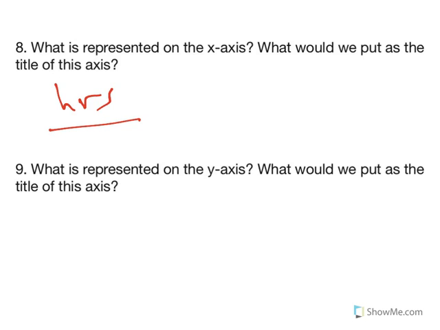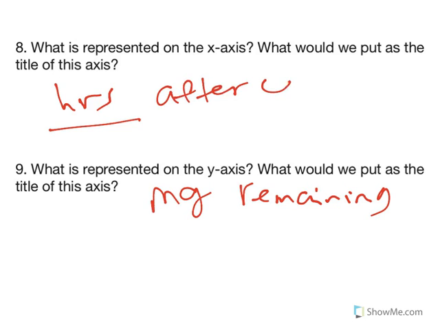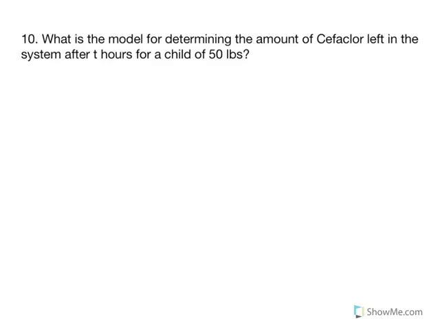And for 9, the y-axis talks about milligrams. And for the title of the axis, I would put milligrams remaining, because that's what it's telling you, after consumption. And you could even put hours after consumption for the x-axis if you like. But for the y-axis, it's how many milligrams are remaining with this drug.